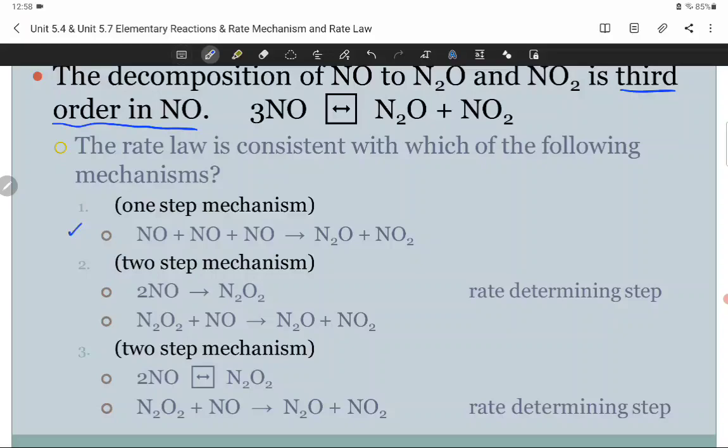So we're not going to eliminate that yet. Mechanisms 2 and 3 actually have multiple steps, so that would cross out. What would we be left with? We'd be left with 3 NOs, N2O, and NO2. So that looks like it matches up with the balanced chemical equation.